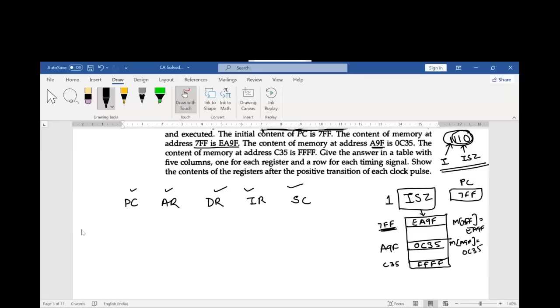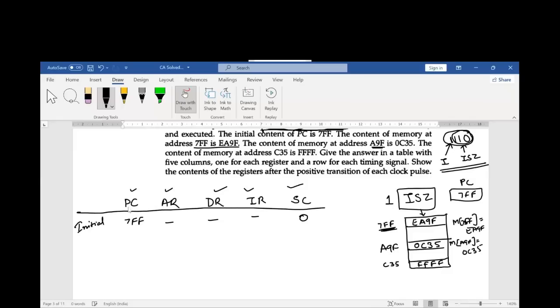As we did in the previous questions, we'll first write the initial values given to us. The initial value of PC is 7FF. We are not told anything about AR, DR, IR, but we know that whenever we start executing any instruction, SC is 0. So this was the initial data that is given to us.